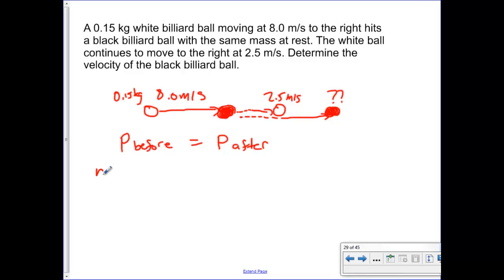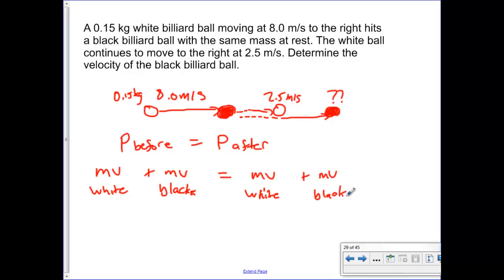So you could do the mass times the velocity of the white ball beforehand, and then add the mass and the velocity of the black ball beforehand. And that should equal the mass times velocity of the white ball afterwards, plus the mass times velocity of the black ball afterwards.